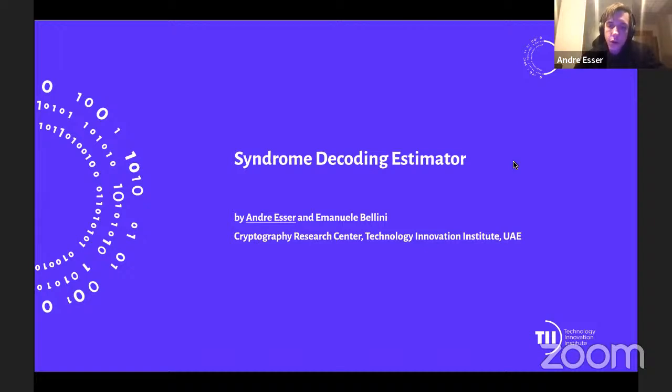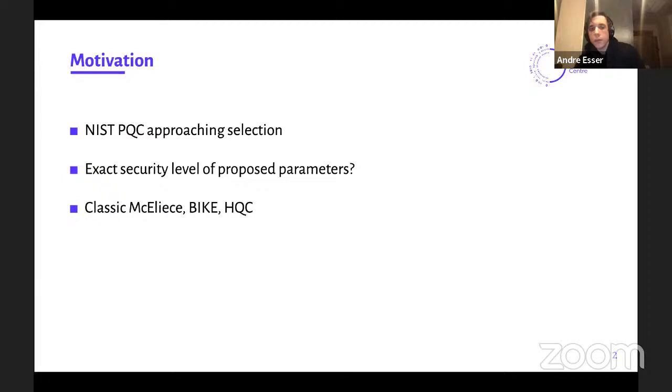So this is joint work with Emanuele Bellini, also from the Technology Innovation Institute. The NIST PQC standardization effort is approaching the end of the third round, and this third round will end with a selection of schemes to be standardized, which makes it increasingly important to understand the exact security level of proposed parameter sets.